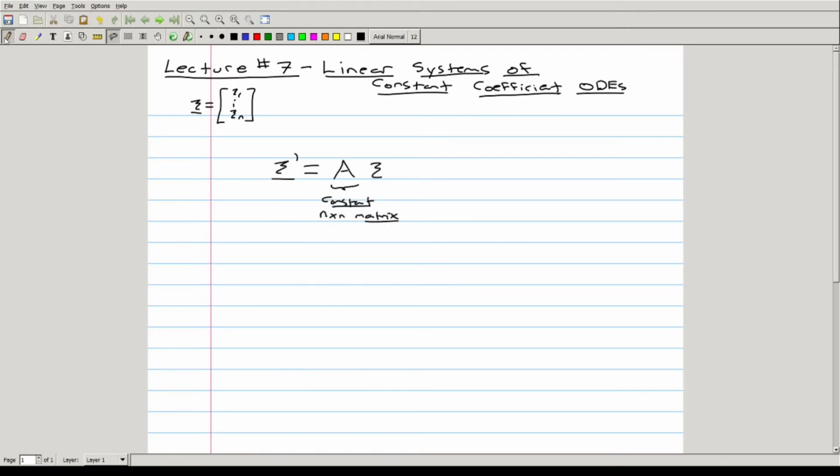And we will also have an initial condition, xi of t naught is equal to xi naught. Let's say this is for t in some interval from a to b, which we'll call I a little bit later on.